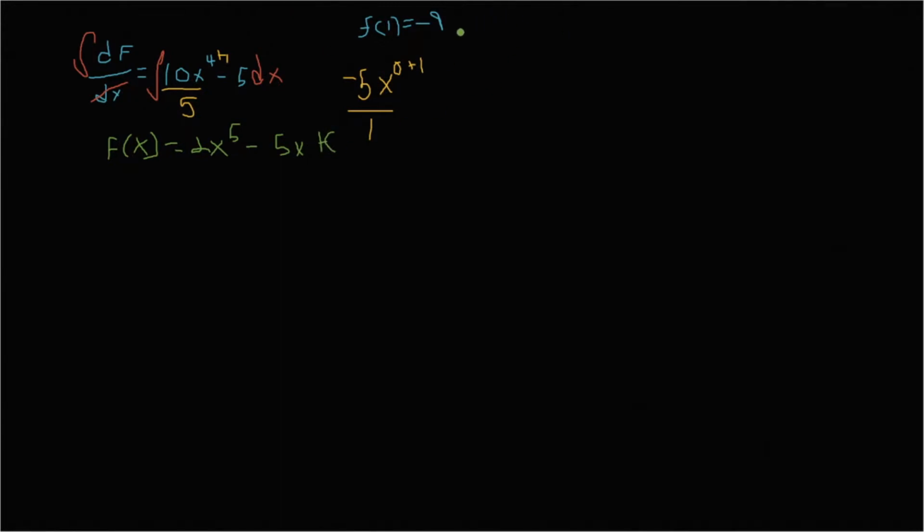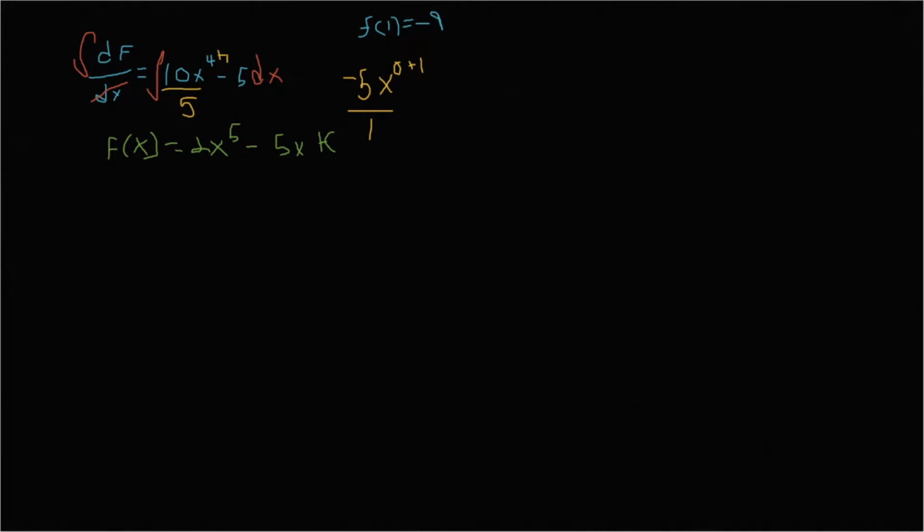But we don't want this plus c. We have enough information to literally solve for the c value. So what we can do is substitute values in here and solve for the c value. So we know that f of 1, meaning substitute 1 in for x, is negative 9.